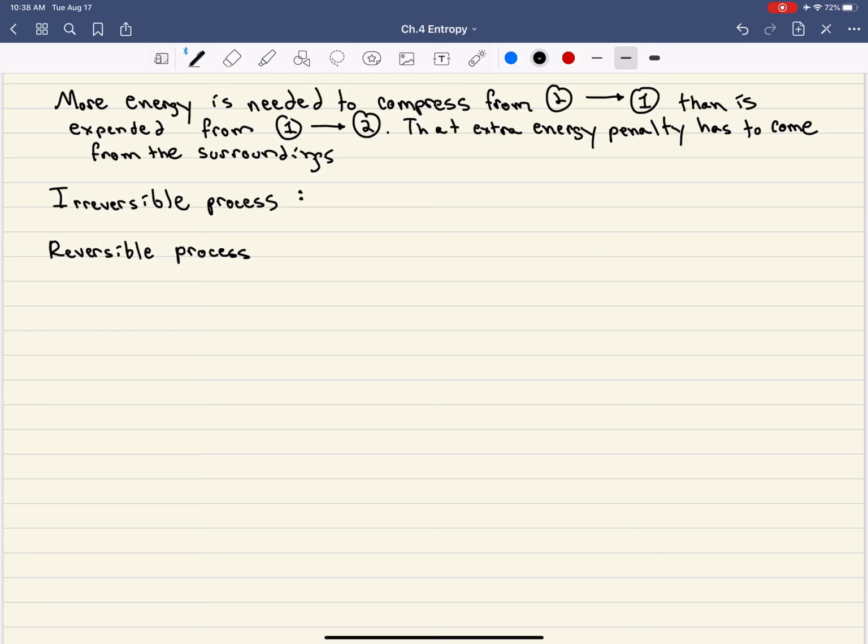And so, for an irreversible process, the magnitude of the work going in the forward direction is not going to be equal to the magnitude of the work in the backwards direction. In the opposite case, for a reversible process, the magnitude of the work in the forward case is equal to the magnitude of the work in the backwards case.